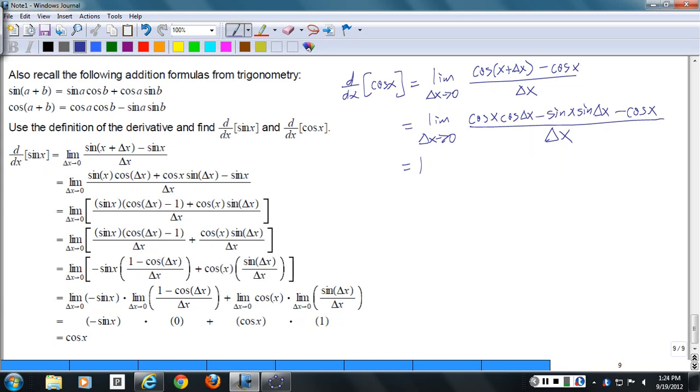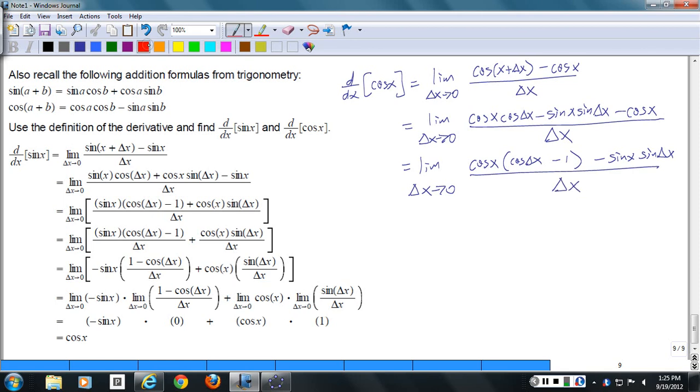So this is going to be the limit as delta x approaches 0 of cosine x times cosine delta x minus 1 minus sine x sine delta x all over delta x.